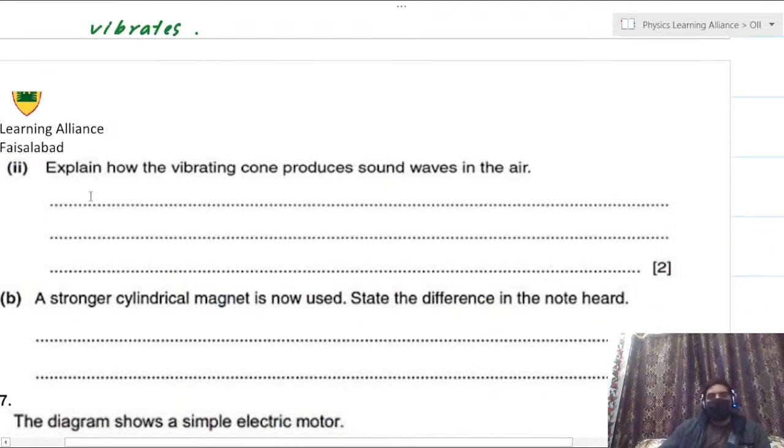Then in the next part they have asked us explicitly to explain how the vibrating cone produces sound waves in the air. That's been asked in a separate question.